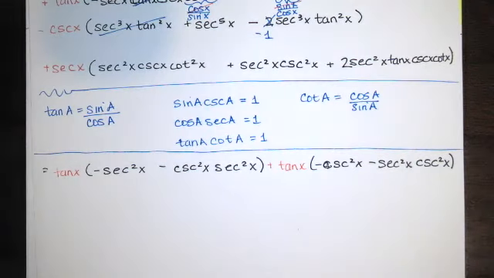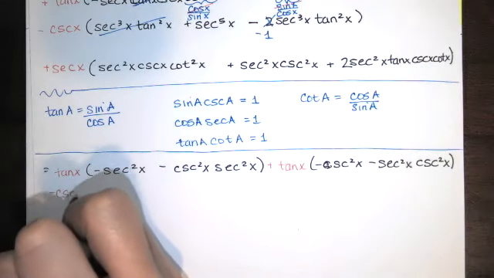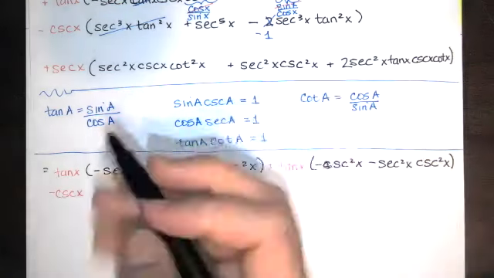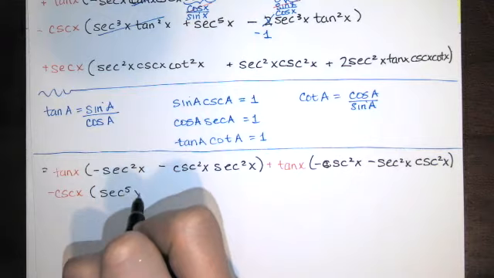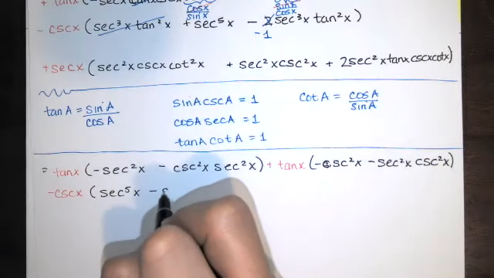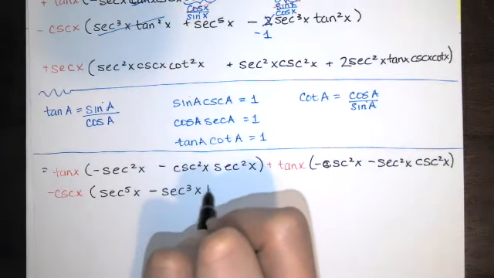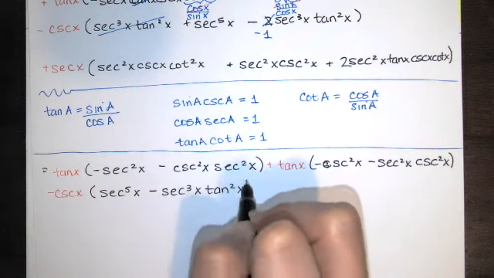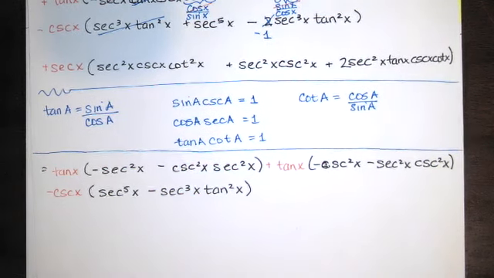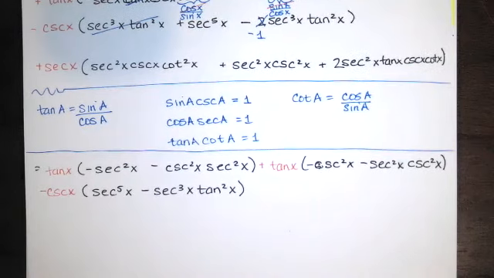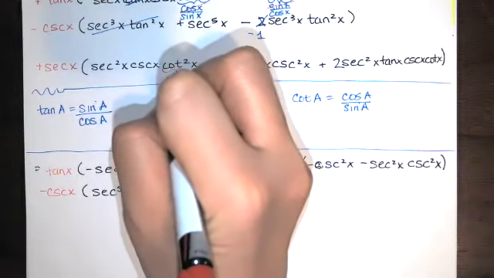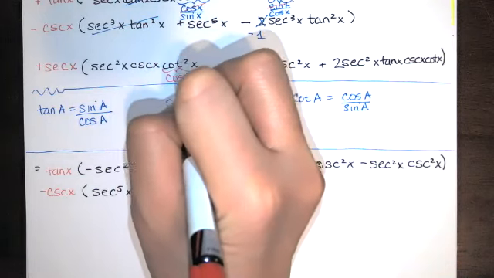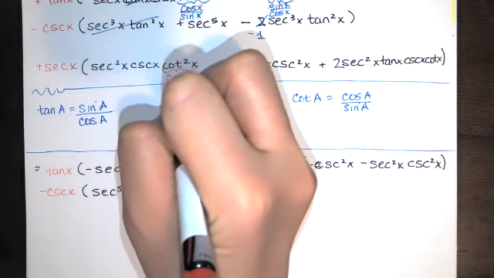We said this was a negative cosecant of x times, like we have a secant to the 5th minus secant cubed x tangent squared x. Okay, let's see if there's anything else that reduces. Cotangent is cosine over sine. So this is cosine squared x over sine squared x.